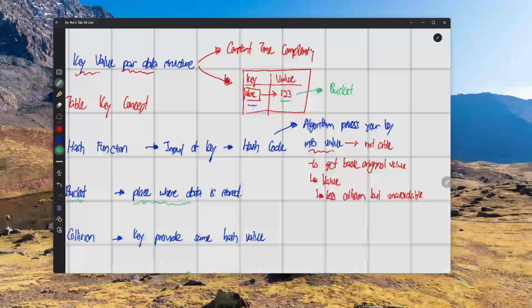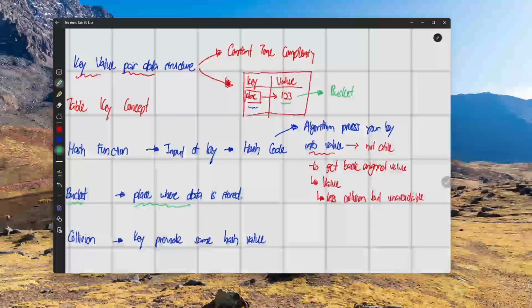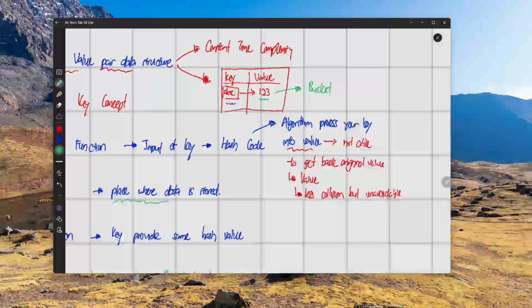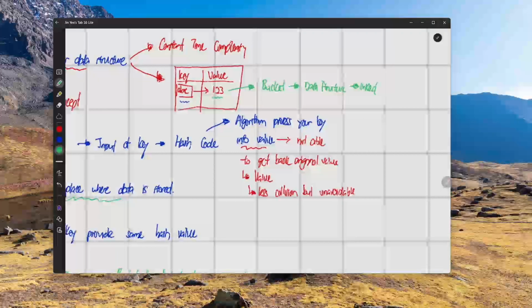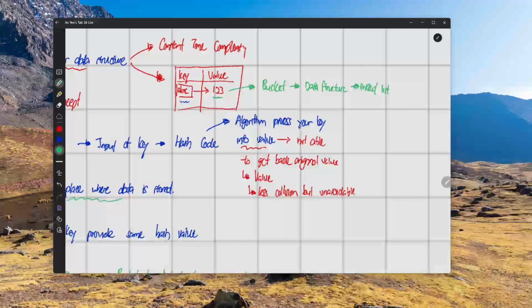This bucket doesn't have to be an integer, it can also be another data structure, like a linked list, or maybe something like a queue or whatever you can think of.